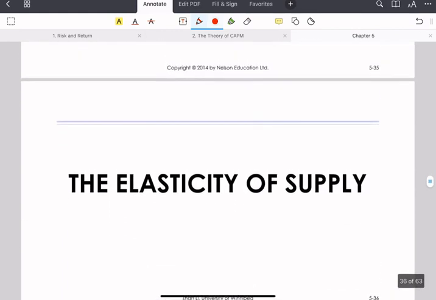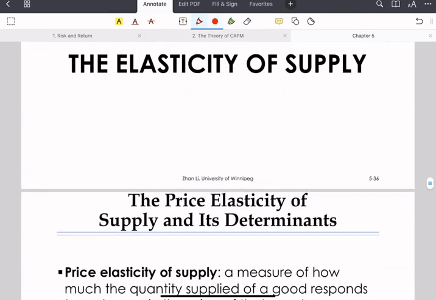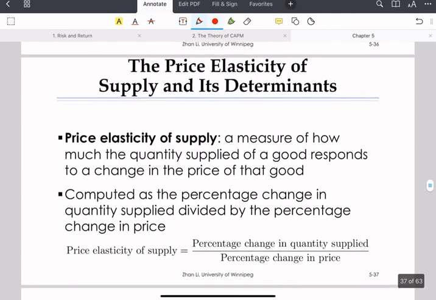Now let's talk about the elasticity of supply. Since we have talked about the elasticity of demand, the elasticity of supply is actually pretty easy to understand. Price elasticity of supply measures how much quantity supplied would change if there is a change in the price of the product.